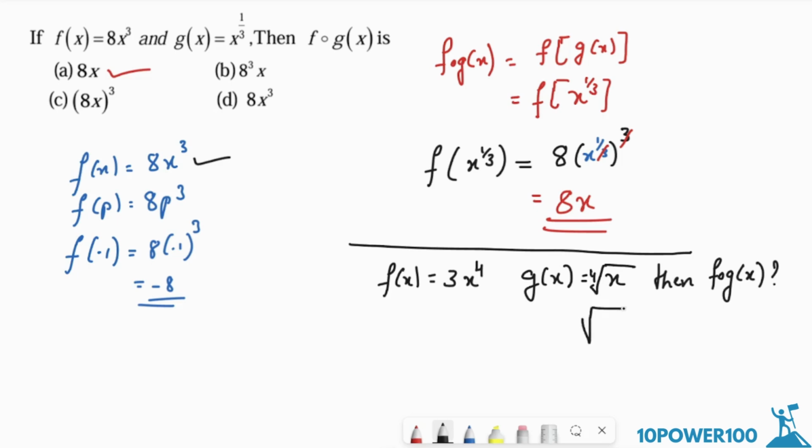This is a 4th root. You just need an idea how to solve this. Solve further and see if you get an answer. Comment in the comment section. If you get any doubt, please check that out in the comment section, children.